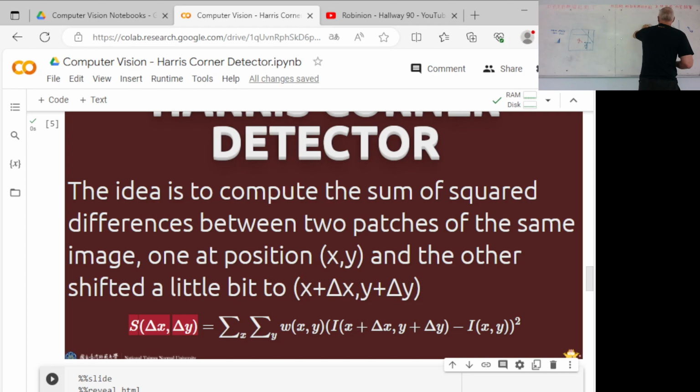Mathematically, I get to this point here, and now I want to say how much does this change if I shift that around and project it by delta x, that is by a small part.